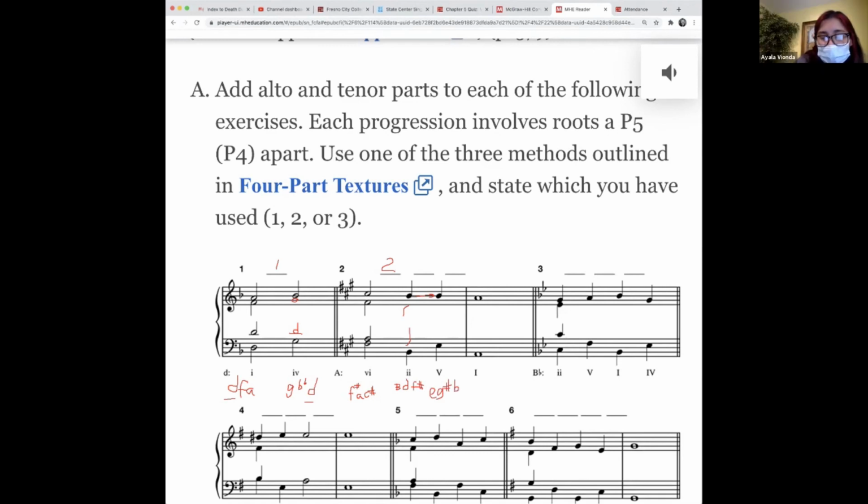I think way 3. You want to try way number 3? Way number 3 says common tone, the third of this chord, which is D, becomes the third of this chord, which is G sharp, which is quite a crazy leap. And then this moves by stepwise motion.